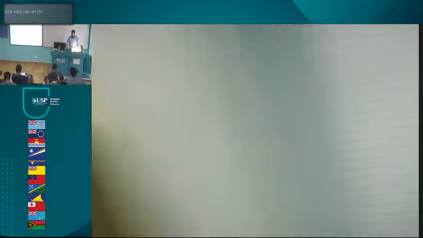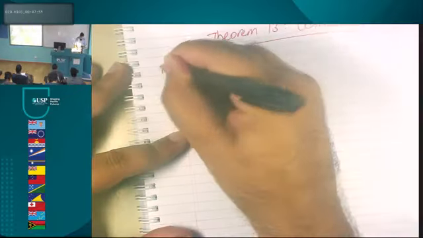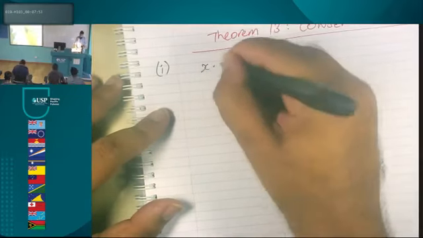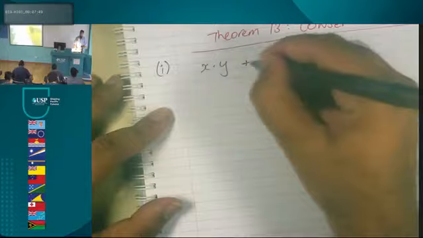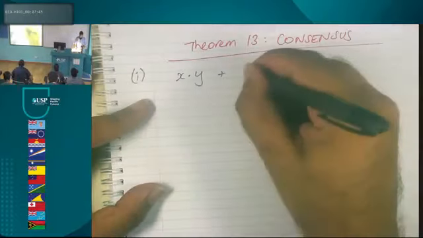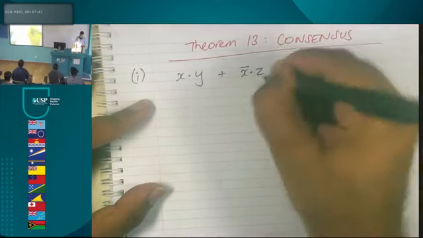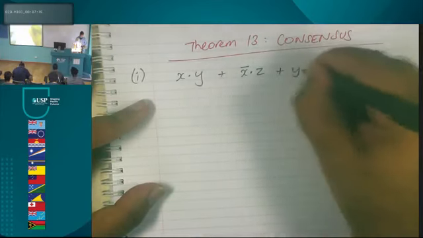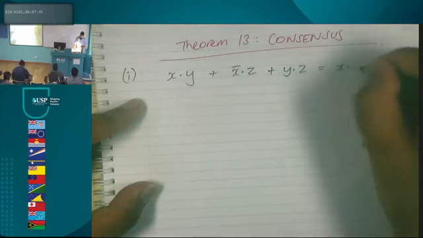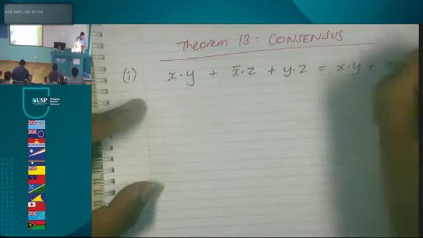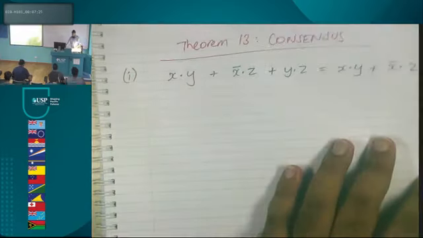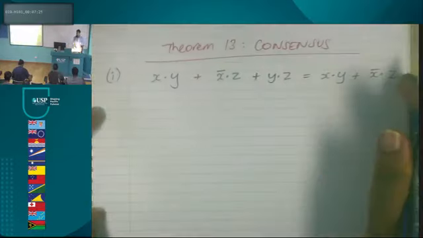Right, consensus. x and y, so I'm just flipping around some of the variables, so it's not always about a and b, right? x bar and z, and y and z is the same as x and y or x bar and z. Okay, so we want the proof. So look at this. This is a very long one.